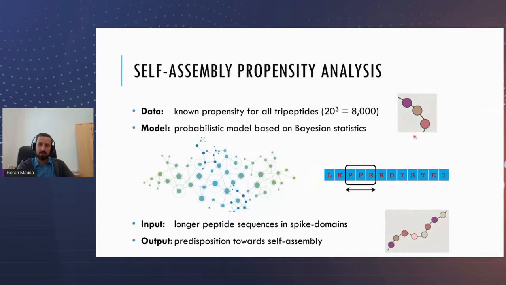Using a sliding window of width 1, 2, or 3, we want to use known data to predict self-assembly propensity of larger sequences. Given a spike domain from COVID-19, its sequence will be sliced into overlapping 3-peptides, and the scores will be taken from the existing database to build this prediction.